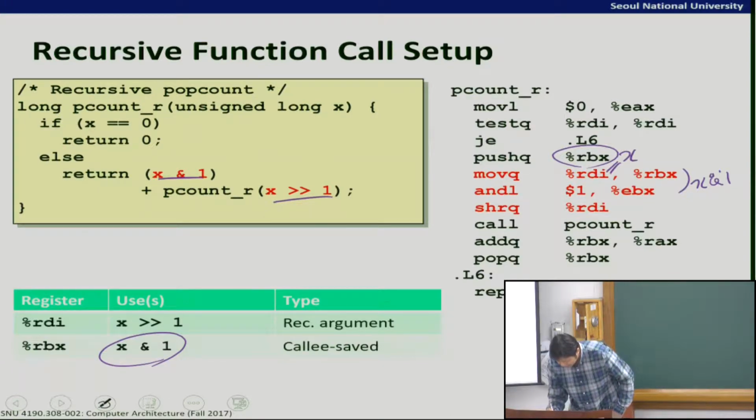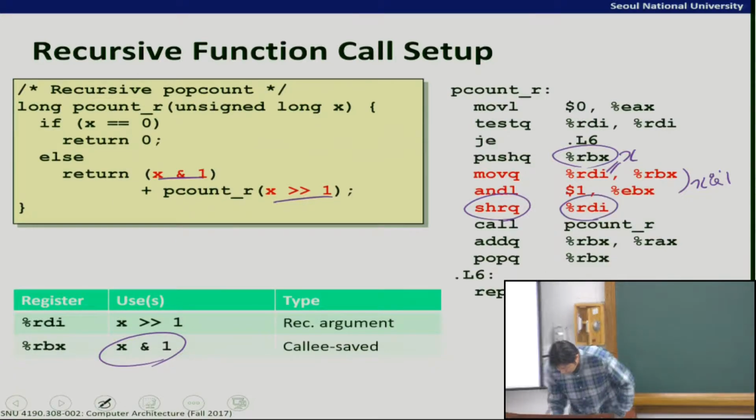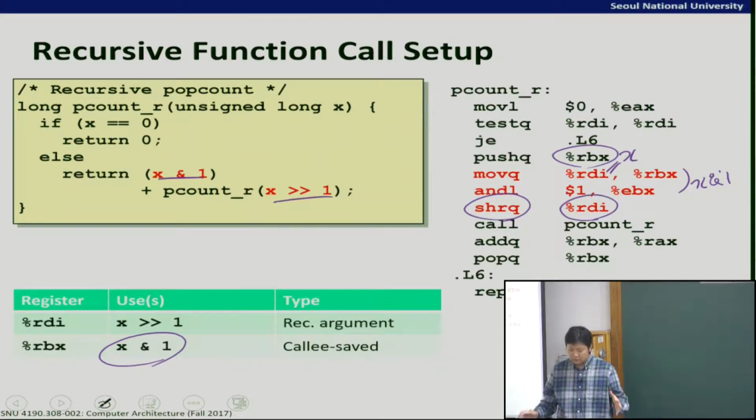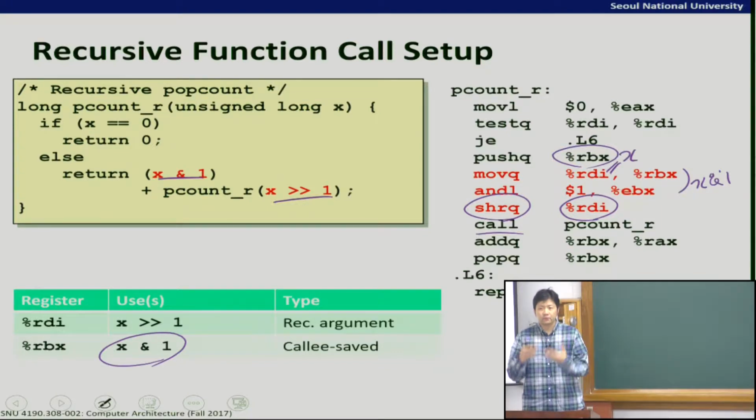For the second one, we use a shift instruction, shift right. What this instruction does is shift the value of the RDI register by 1 to the right, and we call the function again, right? Because according to our calling convention, the first argument of any function call needs to be passed through the RDI register.